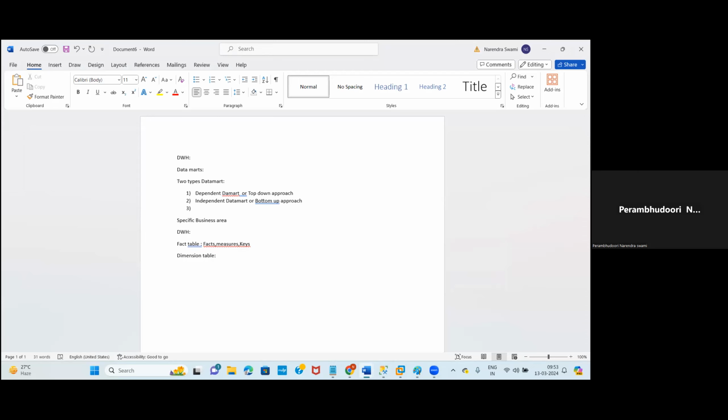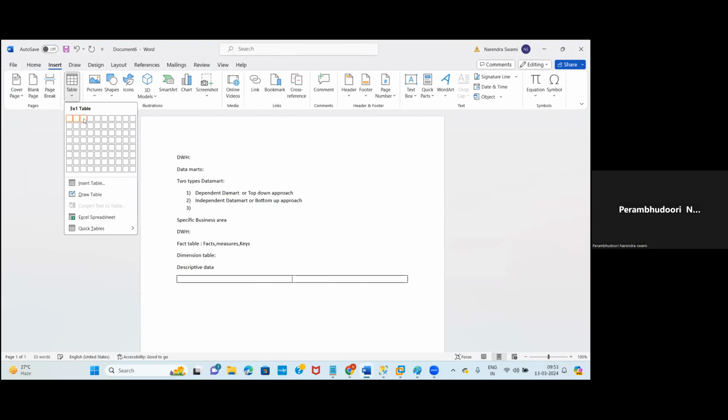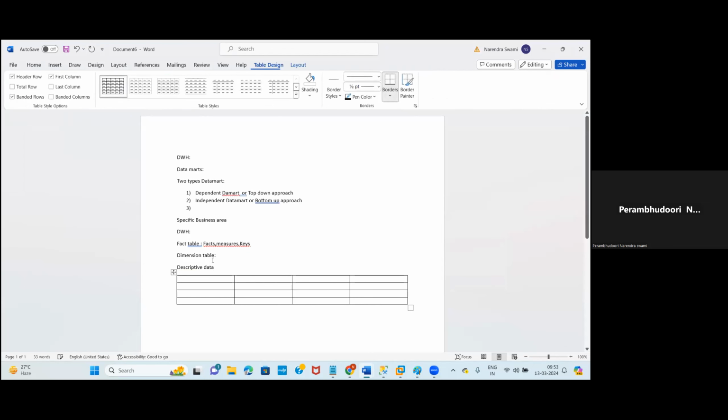A dimension table is one which has descriptive data. Descriptive data of anything, for example of an employee. As I said yesterday, we have an employee table with employee ID, employee name, salary, hire date, and so on.